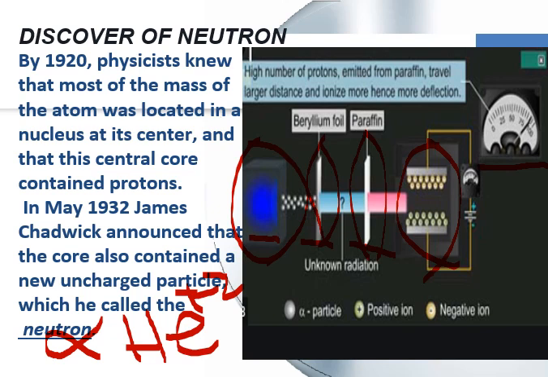Now the reaction which occurred during this procedure was that beryllium, Be, having atomic mass 9 and atomic number 4, reacts with these alpha particles, that is helium particles with mass 4 and atomic number 2.